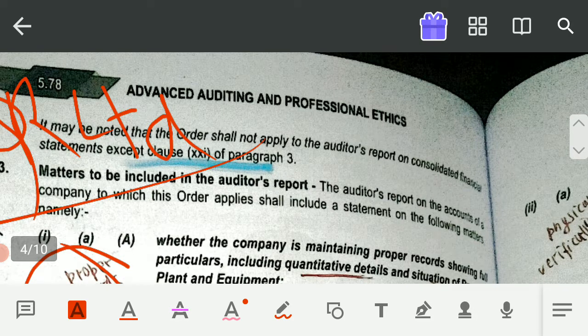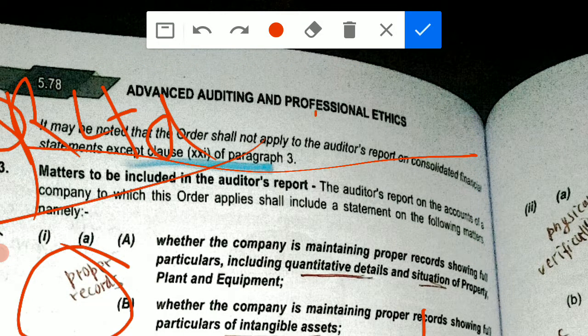That means only you have to report about clause 21 of paragraph 3, which we will study, and otherwise you do not need to report about any clause if you are preparing the audit report of consolidated financial statements. Okay, so it is a very small point but yet can be asked in MCQ, so you can just mark it important for MCQ.